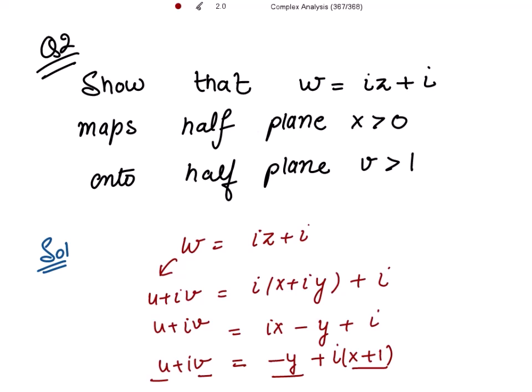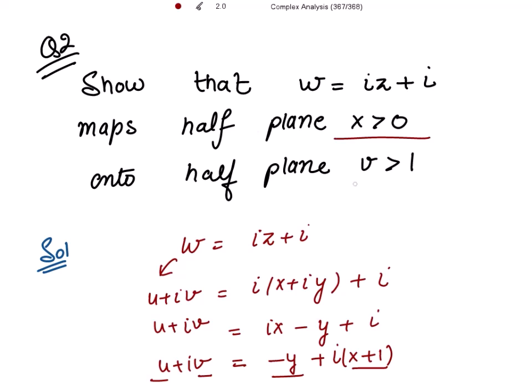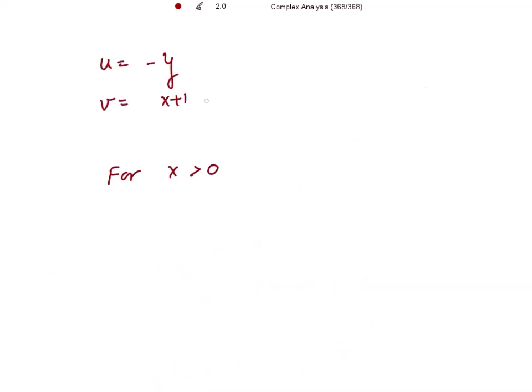Now what is given? It maps the half plane x greater than 0. It is given that for x strictly positive, it should be mapped into the half plane v greater than 1, strictly greater than 1. Getting the value of x from here, we get x equal to v minus 1. So x strictly greater than 0 means v minus 1 is greater than 0, or v is greater than 1.